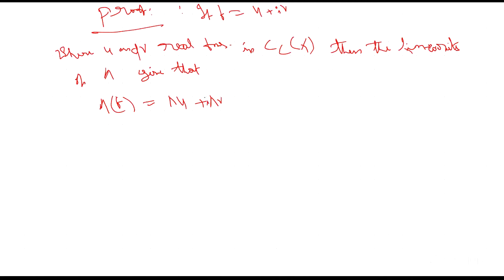So this can be written as the integral over X of u d mu plus i times the integral over X of v d mu, right?